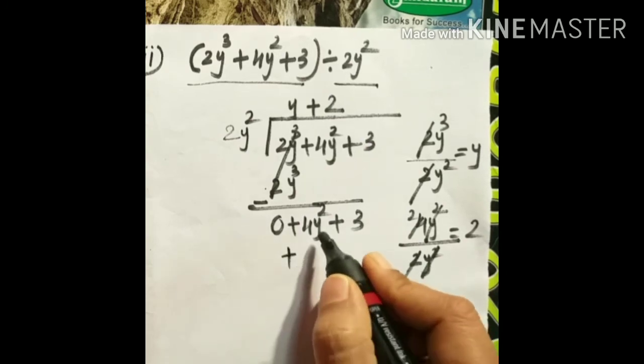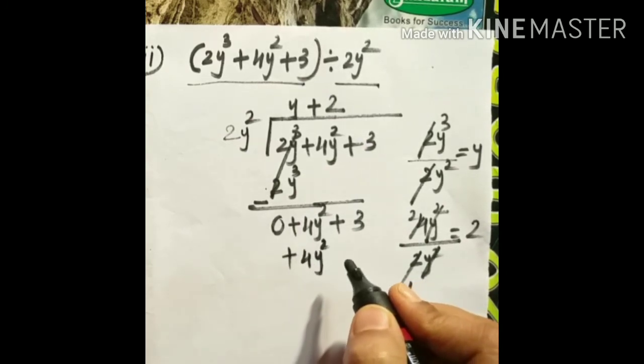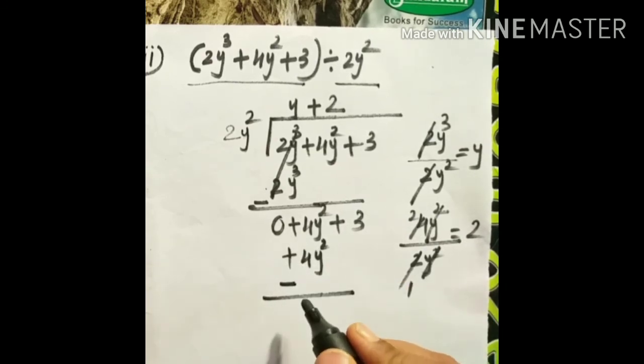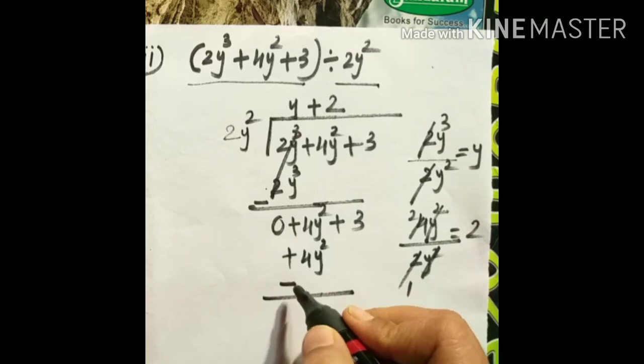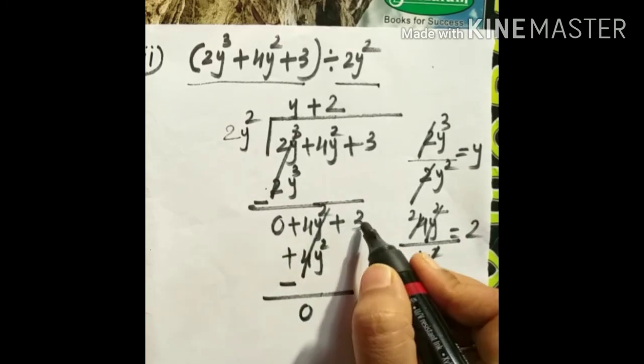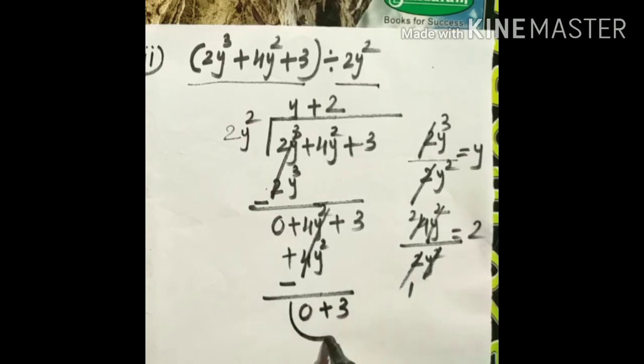Now here we write, children, the same term 4y². Okay. Now here plus is there, so we take minus, because plus and minus get cancelled. So here we get 0. And what remains here, children? Plus 3. Okay, children.